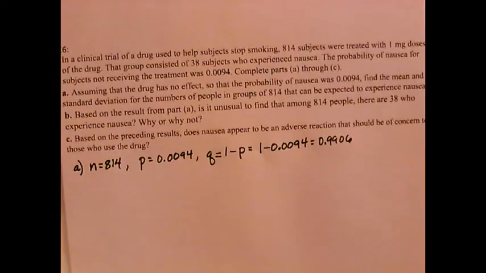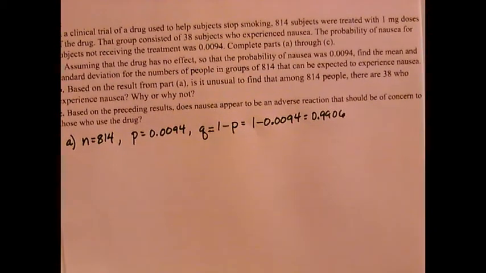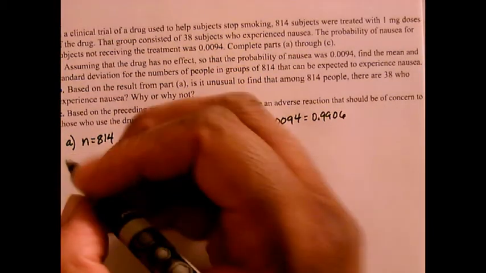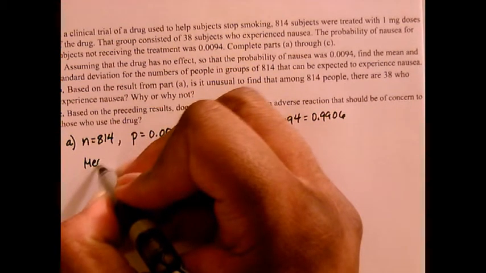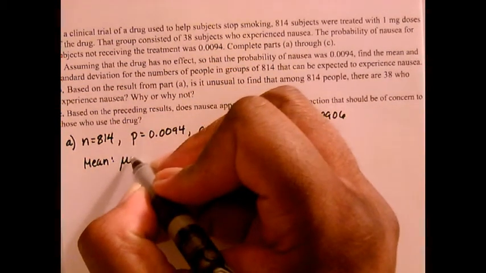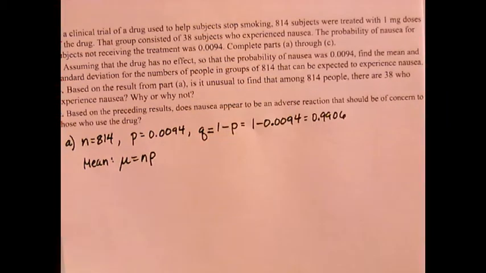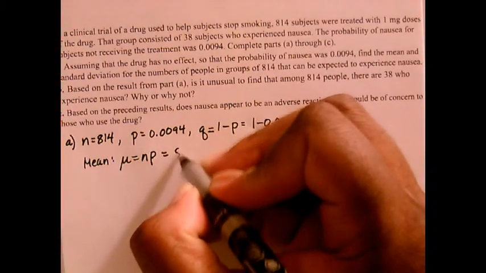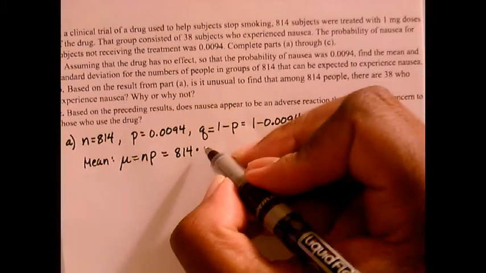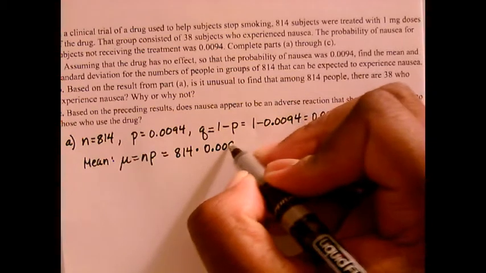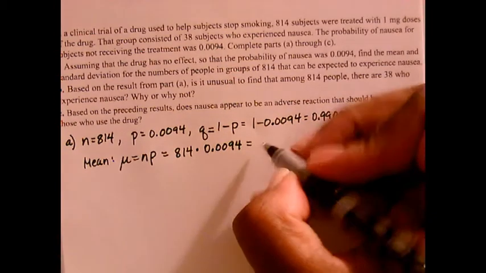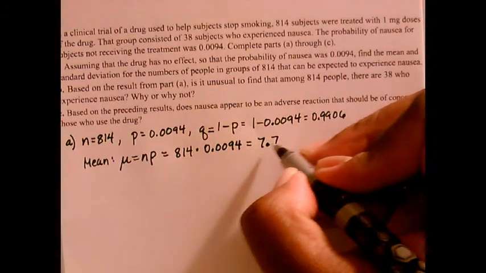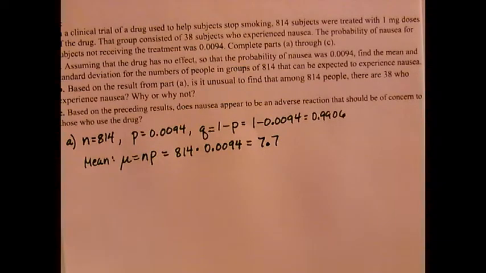So it's best to get that done first, so that way we can find the mean and the standard deviation. So here the mean, mu, is equal to n times p. So n is 814 times p, which is 0.0094. Multiply that out, you get 7.7. So the mean will be 7.7.